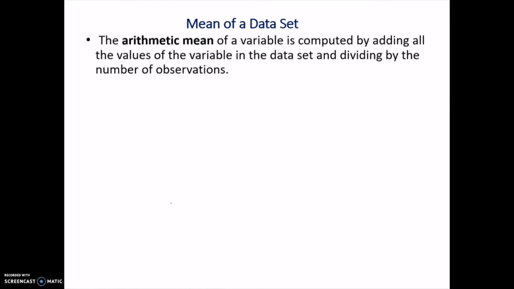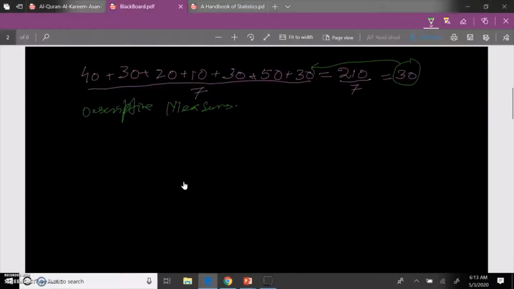Let's see what the mean of a data set is. In order to find the mean, or what we call the arithmetic mean, we compute the sum of all the values and divide by the total number of values, as I have done in my example.